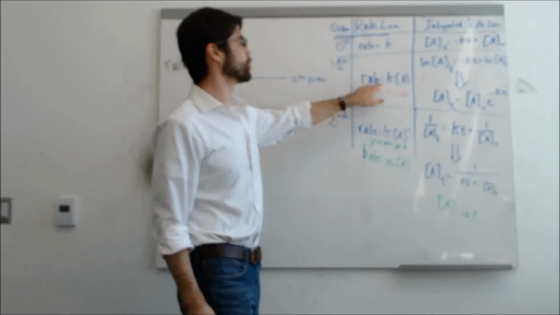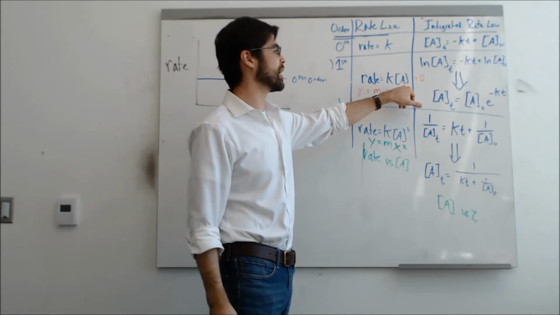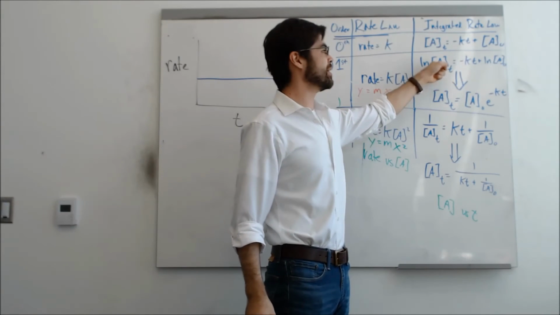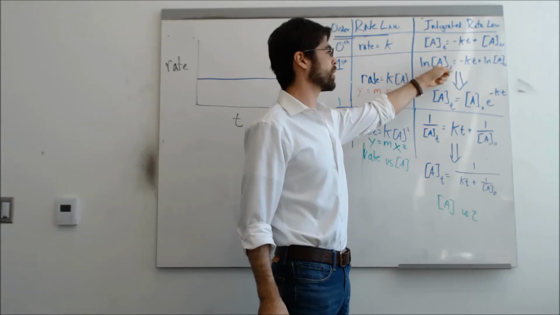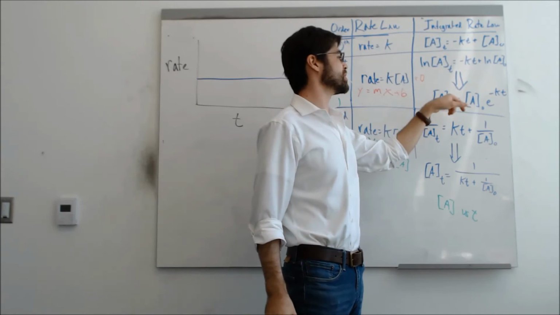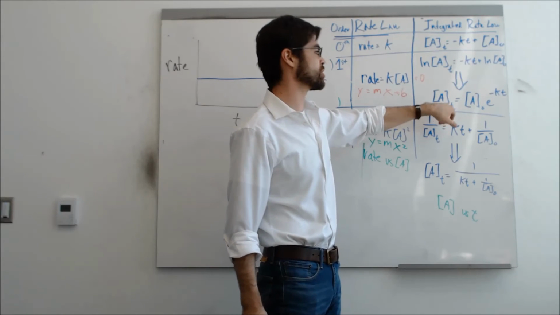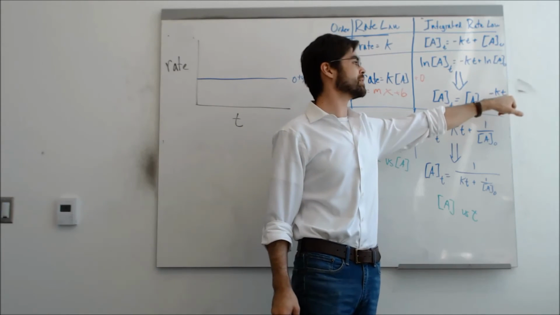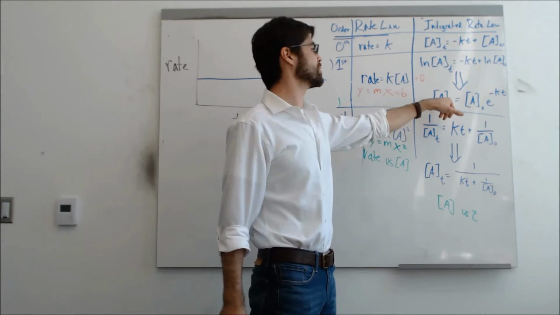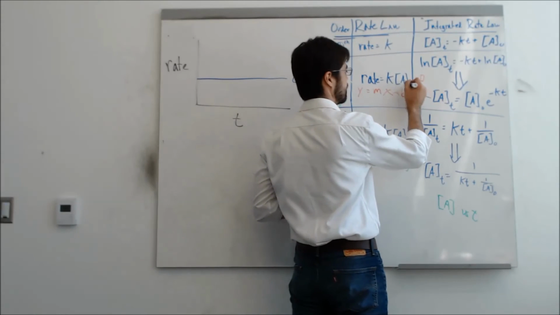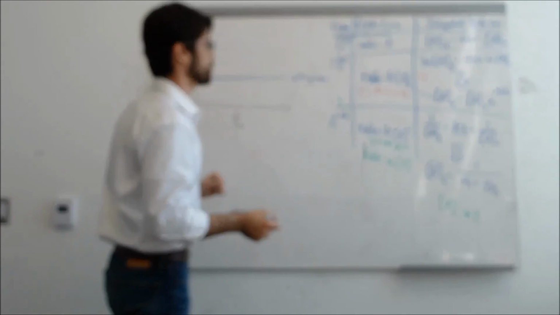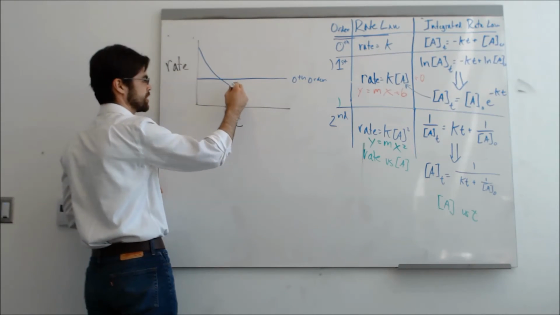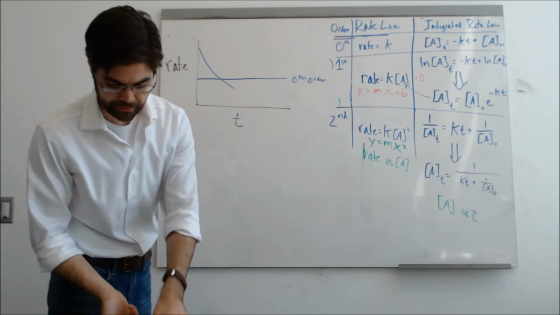For a 1st order reaction, the rate depends on the concentration, but if you rewrite the integrated rate law for concentration, if you undo these natural logs, you can write an expression for the concentration at different times and its dependence on time. So if I make this substitution in here, then what I expect for my rate is that the rate should decay exponentially. Let me get a different color here yet again.